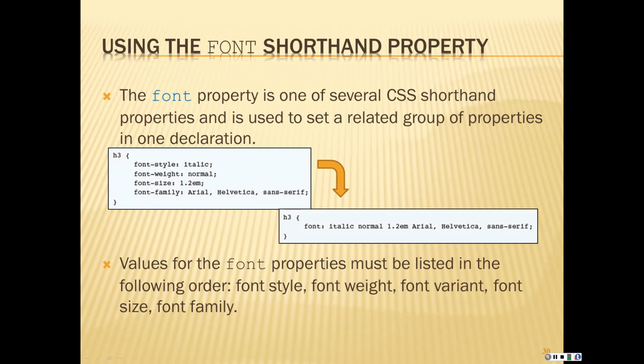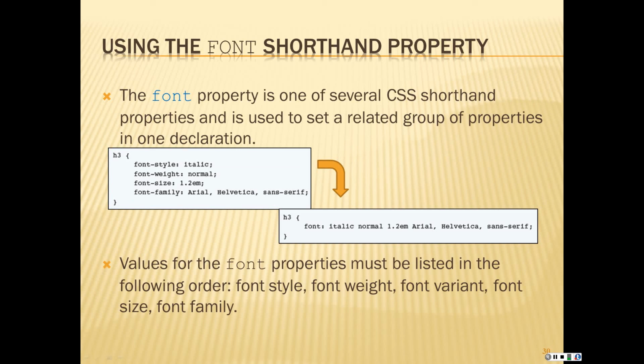There's a semicolon at the end of the line, but here instead of saying font style, font weight, font size, font family, we just say font, colon. And we say italic, normal, 1.2 EM, Arial, Helvetica, Sans serif. So we still have our commas here where we would have had them here, but everything else is just a spacing goes between them.